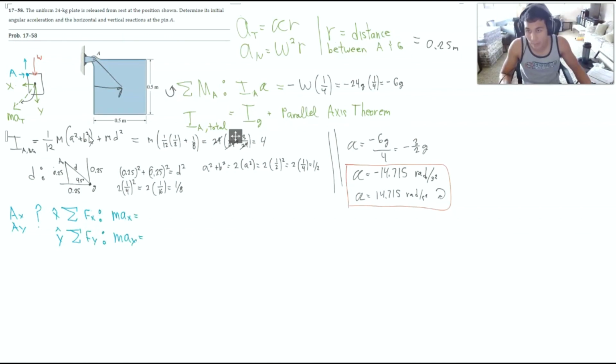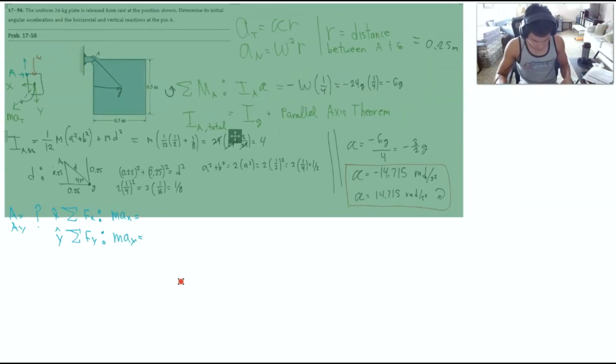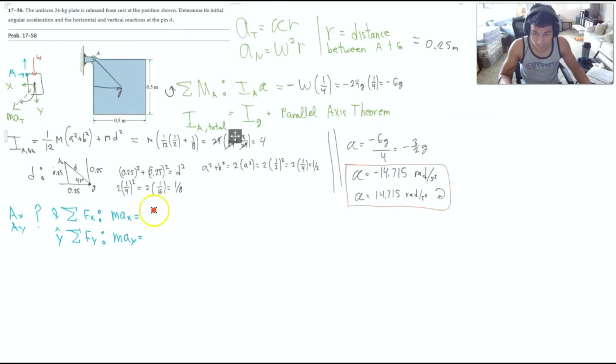Now, before we move on, we should state the fact that we have our reaction forces pushing up. Pushing to the right. Yeah, to the right, and pushing up. Okay, so MAX, right? Okay, for MAX, what do we got here? So we have our negative force going in this direction, right? So MAT, and then we want it along the x-axis, so cosine 45. And we're saying that this is equal to AX.